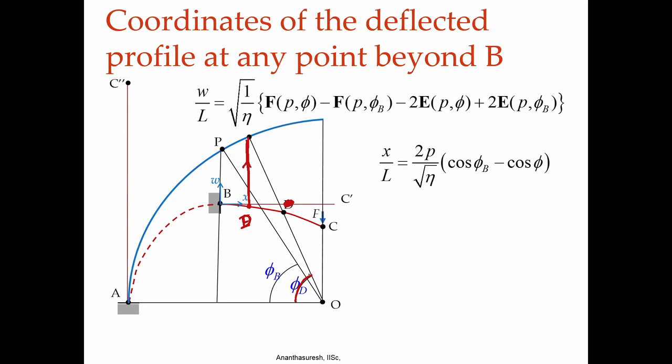So, if I have that, the coordinates here, if I take the W by L, that is this little distance, that is very little, however much that has deformed, that will be W, and the horizontal coordinate in this x, that will be x here. That W by L is given by that and x by L is given by this in terms of whatever angle that we have. In general, phi D I have called, so that can be phi D, and then from phi B we are measuring, and this also will be phi D, any point.